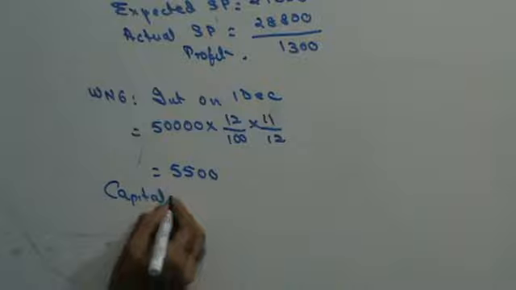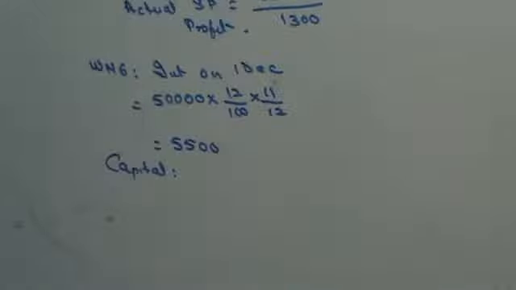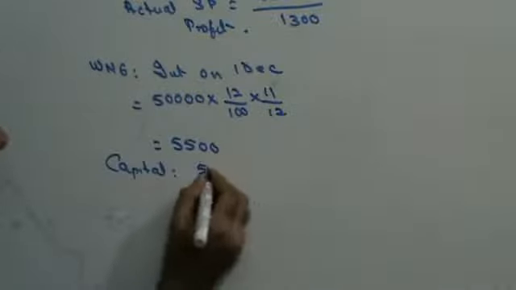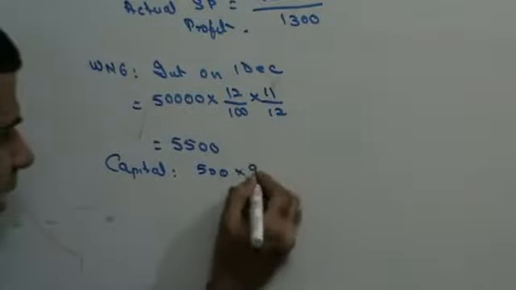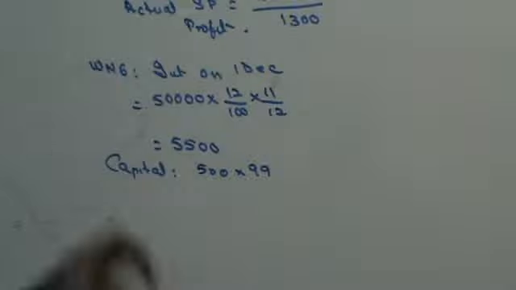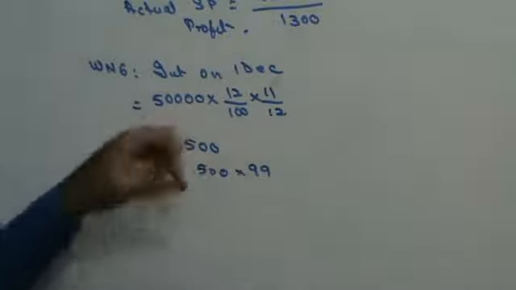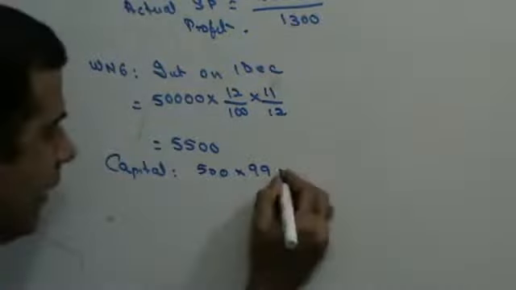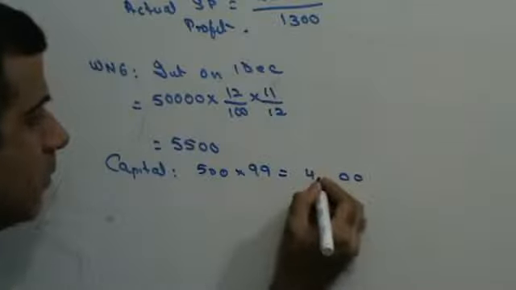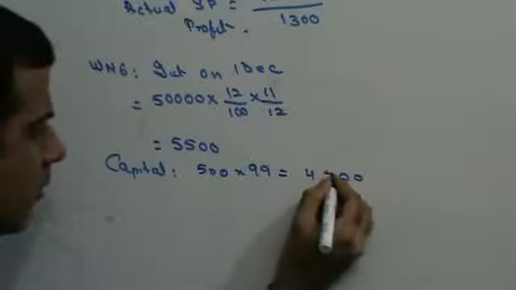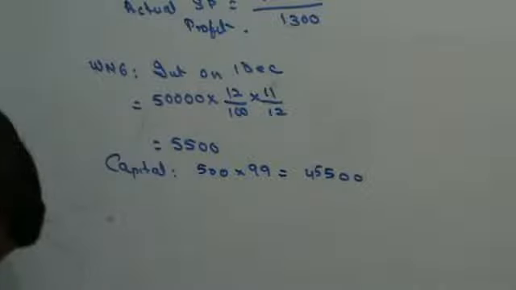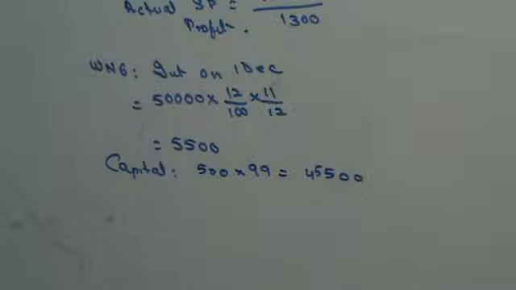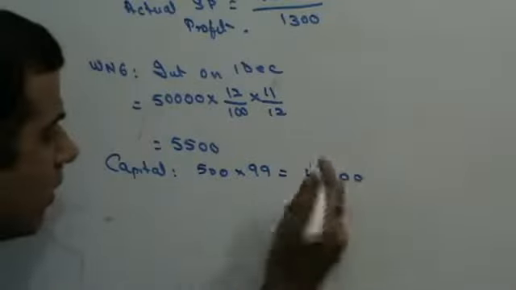Once you have this, let's find out the capital value. You are selling 50,000 worth debentures. That means you are selling 500 debentures, each of 100 rupees, at 99 rupees. So how many debentures am I selling? 500. Someone please cross check this. 49,500.